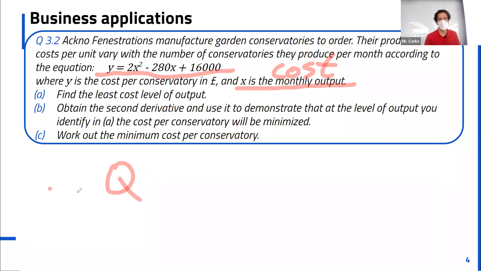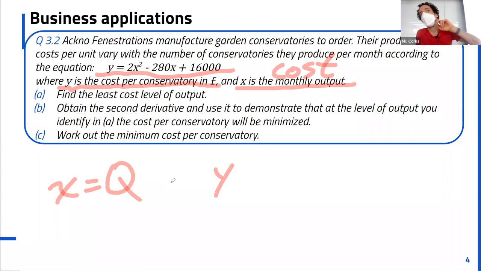So that X here is Q, and here, Y is the cost per conservatory in pounds. So the cost, the currency there. So what does Y represent? Which kind of cost?